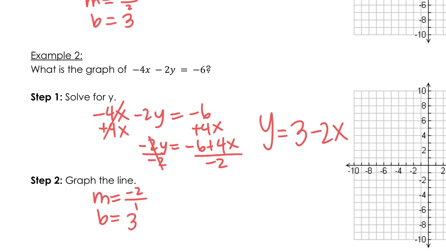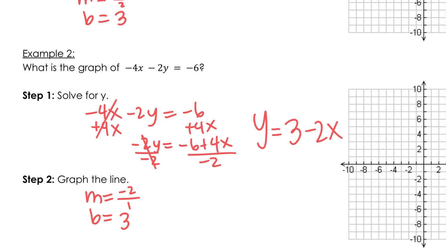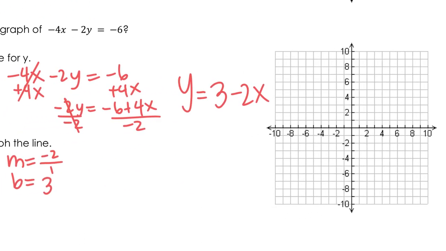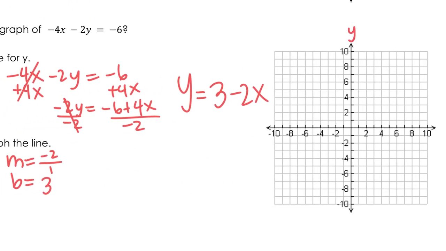So let's take that to the graph and see what it looks like. We're going to start on our y-axis. Our b is 3, so we're going to begin at +3. And our slope is over +1. So we're going to go right 1. Do that as much as you possibly can until you run out of graph.